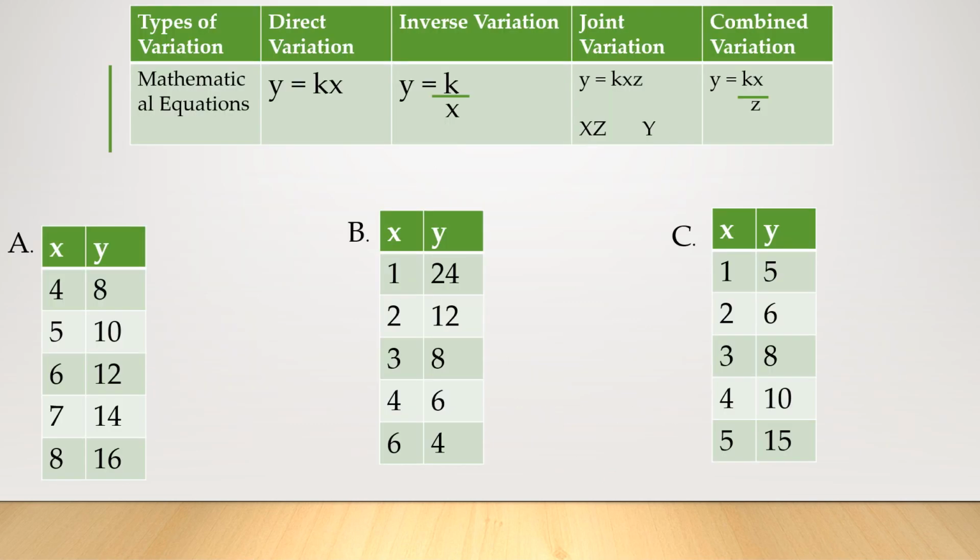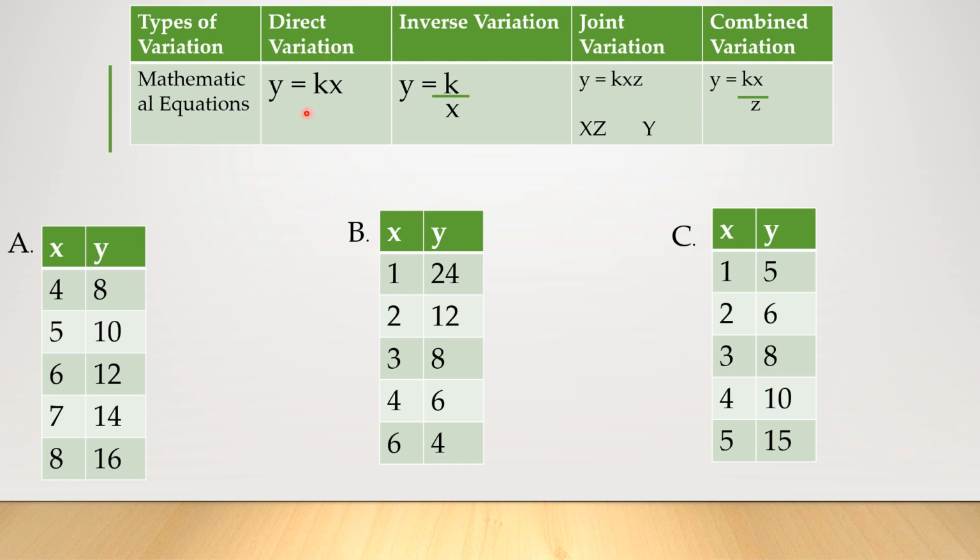So now we are given here a table of values. What we are going to do is determine what type of variation the given is. After that, we're going to write the variation statement, the mathematical equation, and solve for the constant of variation and the variation equation.